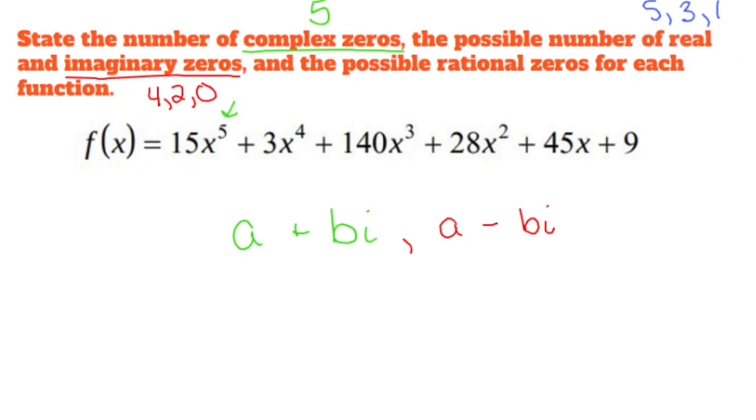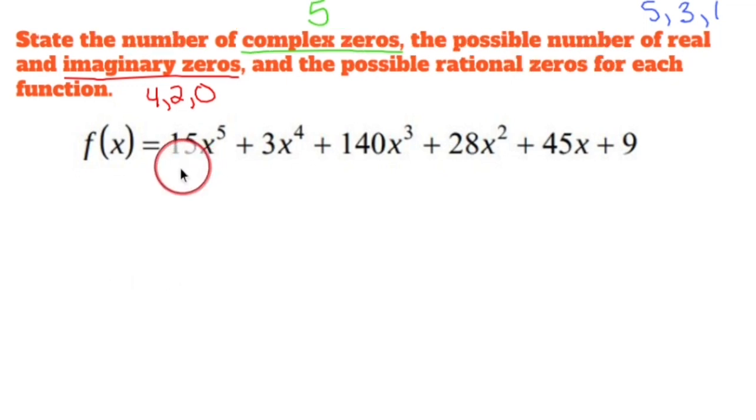Whenever you're being asked to find your real numbers, you start with the odds and work your way down from there. Now on to the nightmare scenario, the rational root theorem. The rational root theorem has me listing out every single possible root that is rational that I could have, and it is an absolute god-awful nightmare. But this is what we do. We already have this written in order.